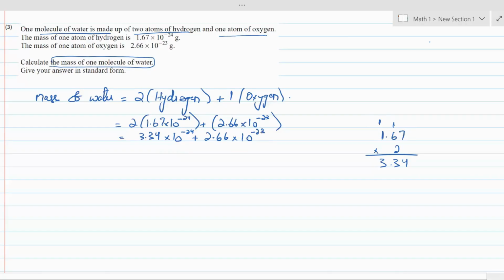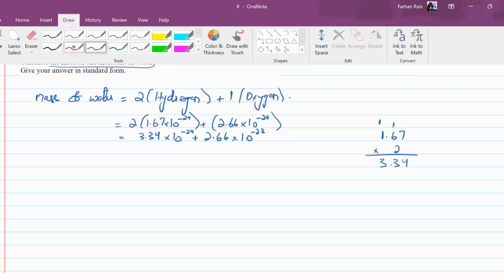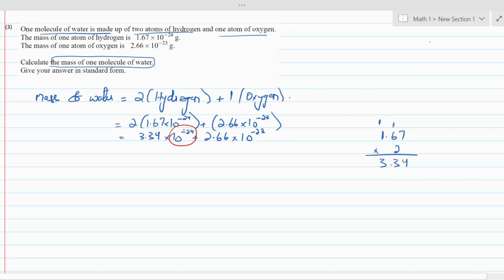Now, since it's a case of addition, we have to take the lower power of ten common. On one number, we have the power of ten minus 24, and on the other, we have minus 23. Now you have to decide which of these two powers of ten is lower. Students usually make a mistake here and say that 10 power minus 23 is the lower power, which is not right.